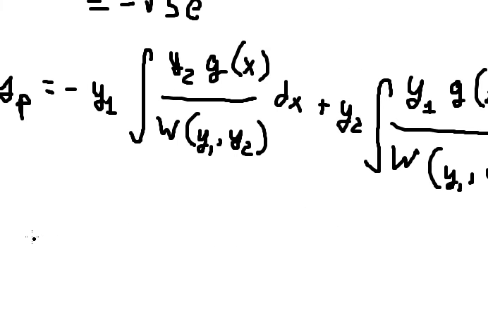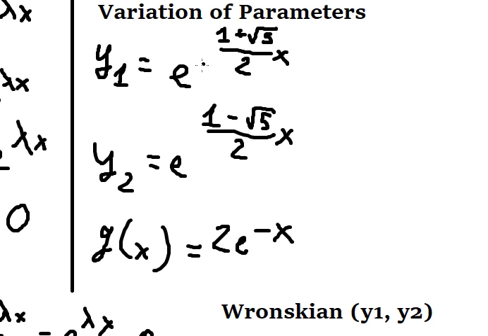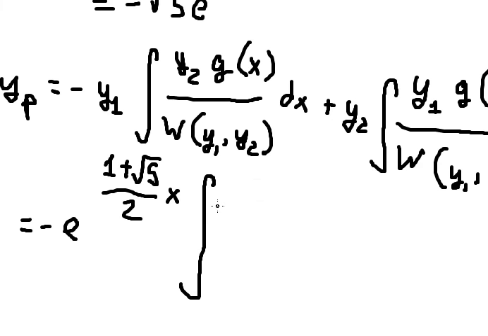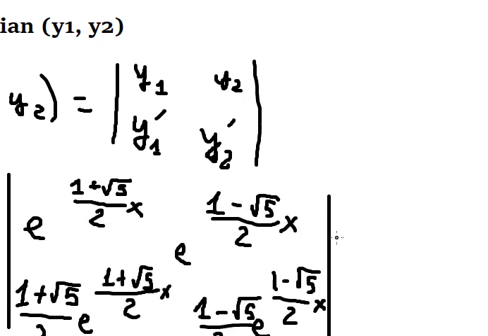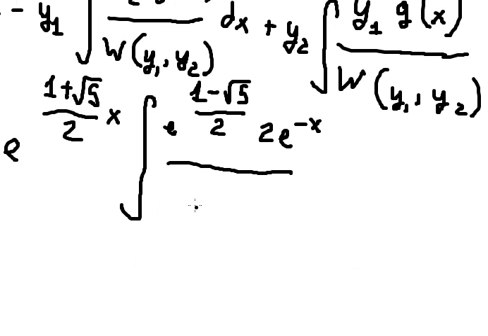Now we put the numbers in here. y1, that is this one, and y2, that is this one. g(s), that is this one, and the Wronskian, that is this one.